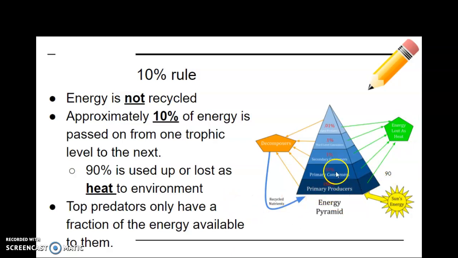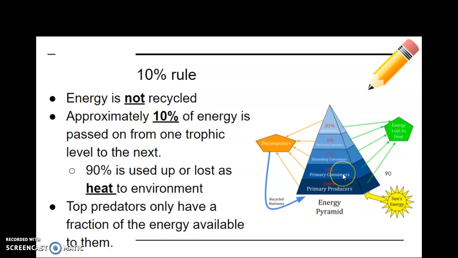That means that only 10% of the energy that was in the producers is what actually gets passed on to primary consumers. And this is why it's called the 10% rule, because only 10% of energy is passed on from one trophic level to the next.